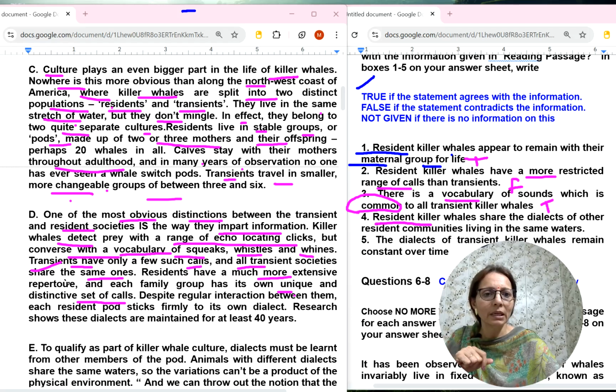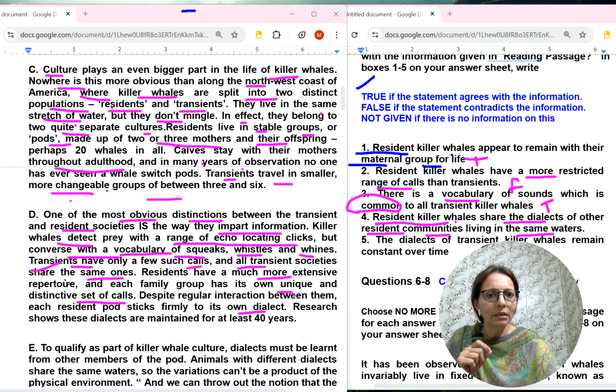Fourth, resident killer whales share the dialects of other resident communities living in the same water. Residents have a much more extensive repertoire and each family has its unique set of calls. Despite regular interaction between them, each resident pod sticks firmly to its own dialect.